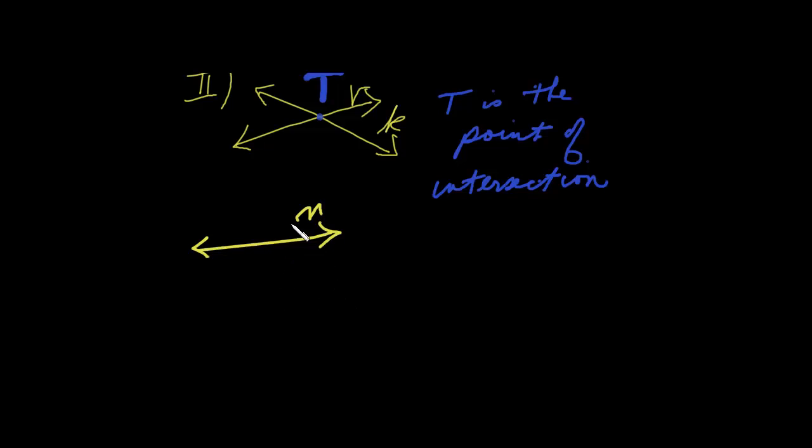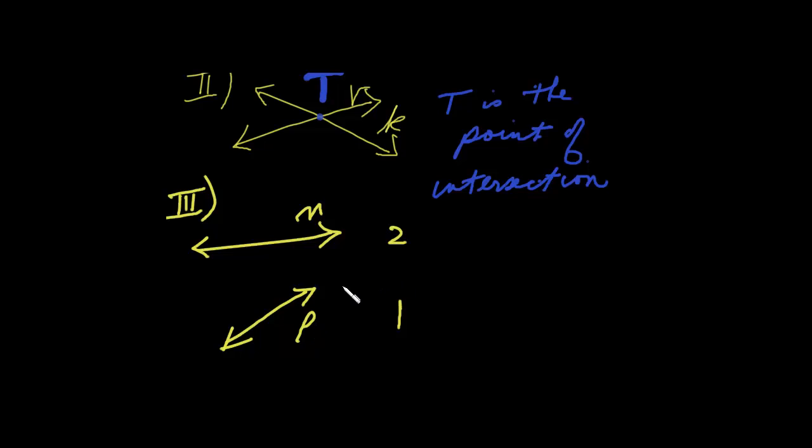To help you visualize this, say you live in a 2-story house, and this is the 2nd floor, and this is the 1st floor down below. If this line N is on the 2nd floor, and we draw another line, lowercase p, at the 1st floor level.